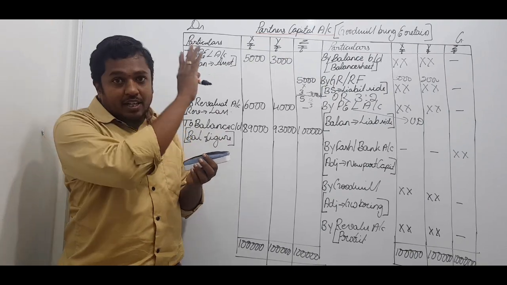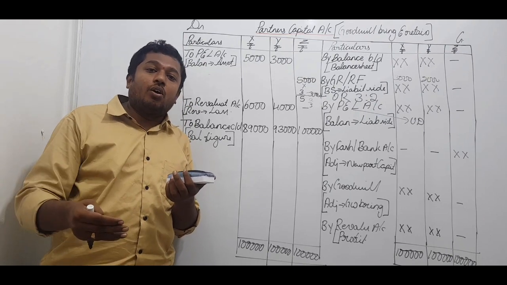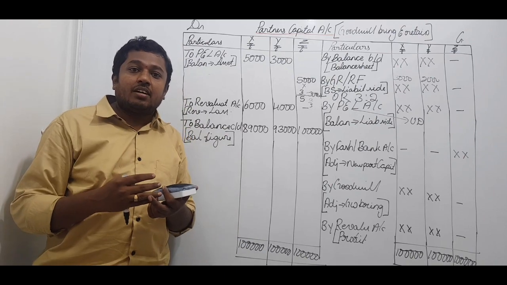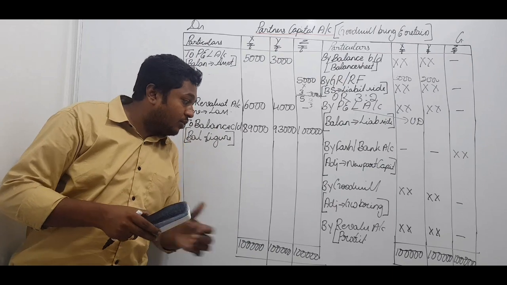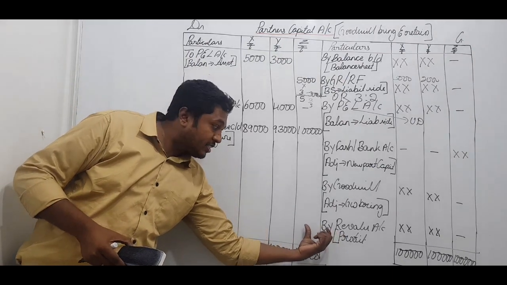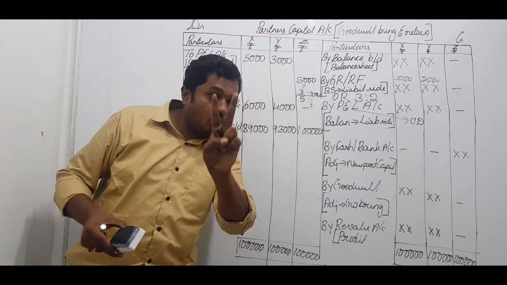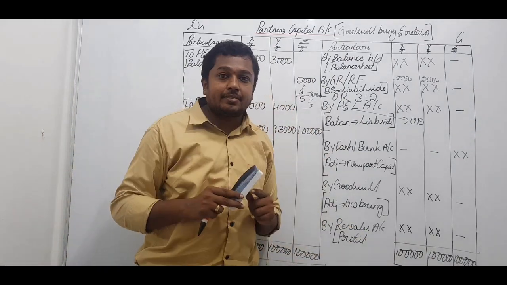If the total of the debit side is more when compared to the credit side, the difference is called loss. If you get profit in the revaluation account, then it comes here, and such profit should be distributed only to old partners. Profit, old partners. Is it clear?